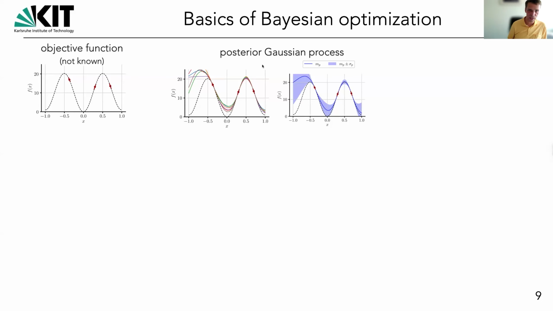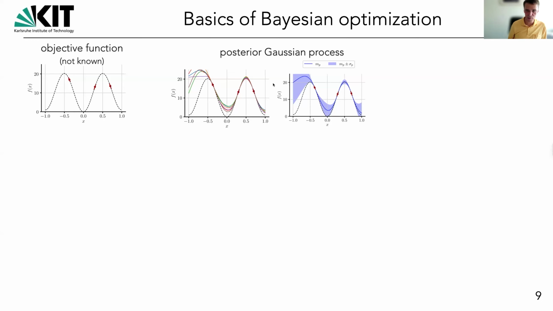And then we apply a Gaussian process, which provides a stochastic process that predicts the possible behavior of this objective function, depending also on some hyperparameters, such that the function is constrained by the function values and the derivatives that we know at these discrete sampling points.